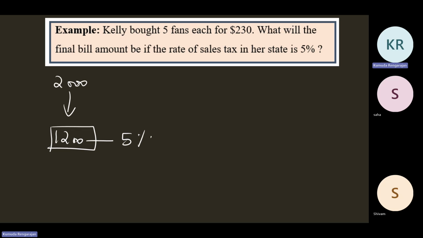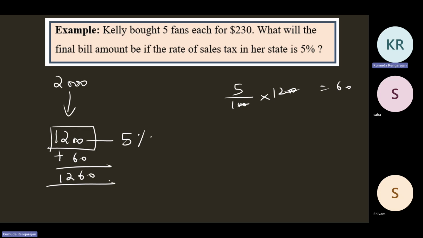So 5% of 1200 will be calculated and that will be added to your bill. So what is 5% of 1200? 60 rupees. So 60 rupees will be added. Actually, your bill was 1200, but there's sales tax. So 5%, 60 rupees. So that will be added to your bill. And so your total bill value now is 1260.